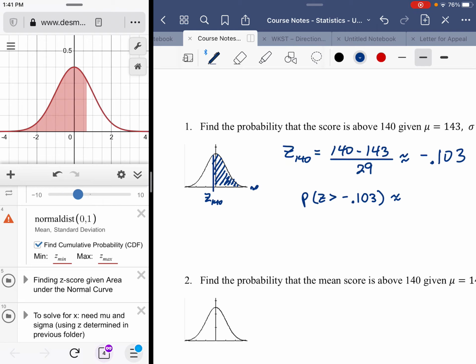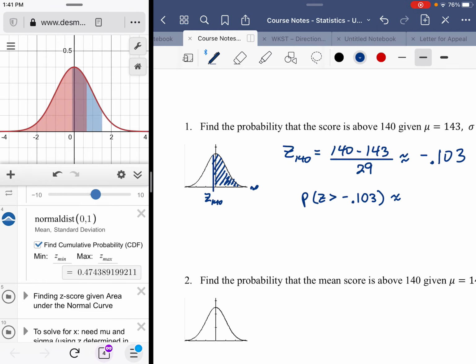As I scroll from left to right, you see it's picking up at negative 0.103, and as I go to the right, there's fluctuation in my probability calculation until it converges on the appropriate number, which is about 0.541.